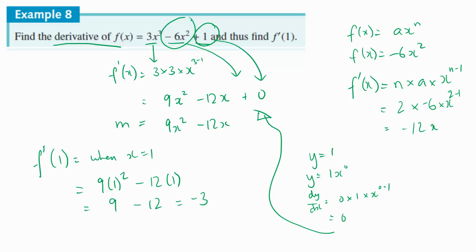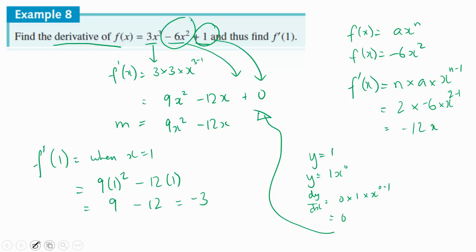Not the y coordinate? What are we trying to find? Remember the gradient. Remember this whole step. That means the gradient. So if I sub 1 in, it just means when x equals 1, the gradient at that point is negative 3. So if you're having troubles understanding this, I'll draw a picture so you can see.